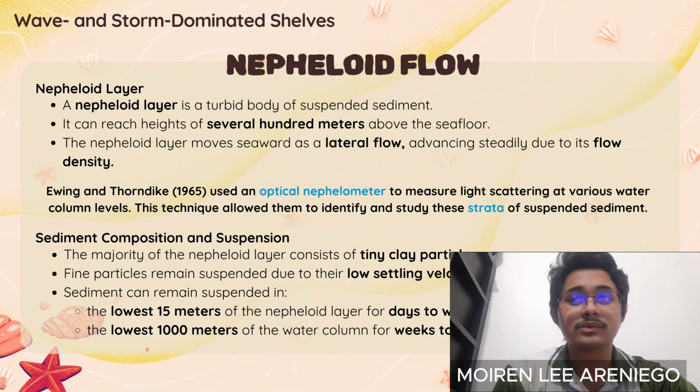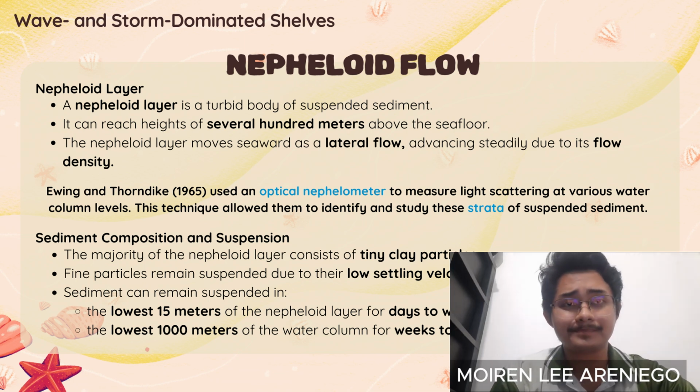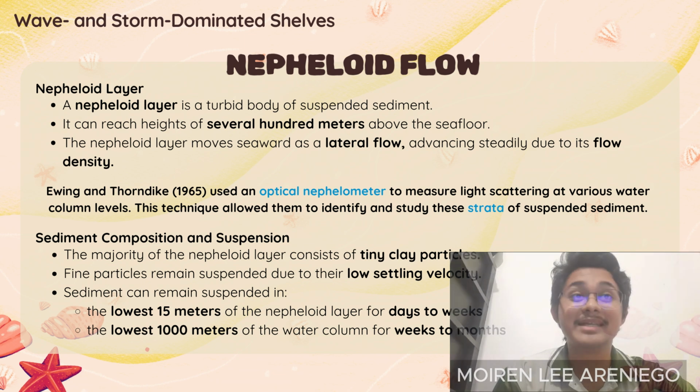The next one is the sediment composition and suspension. The majority of the nepheloid layer consists of tiny clays. Fine particles remain suspended due to their low settling velocity.